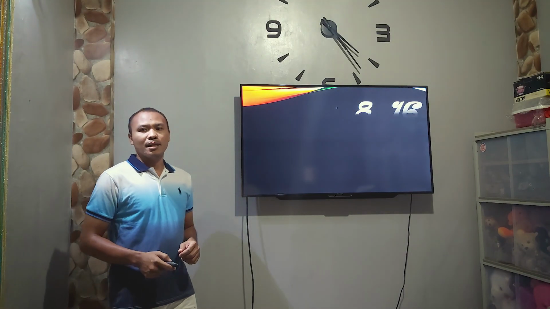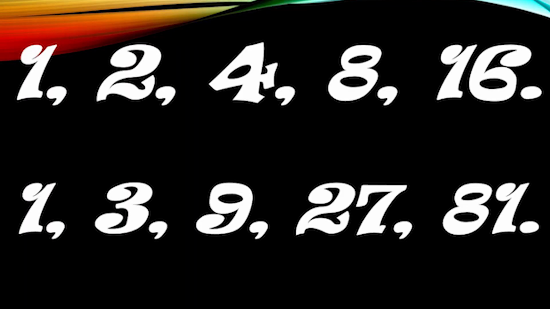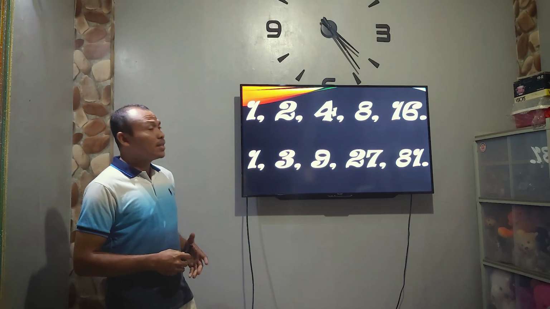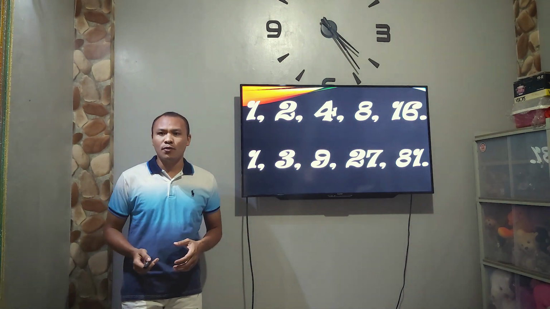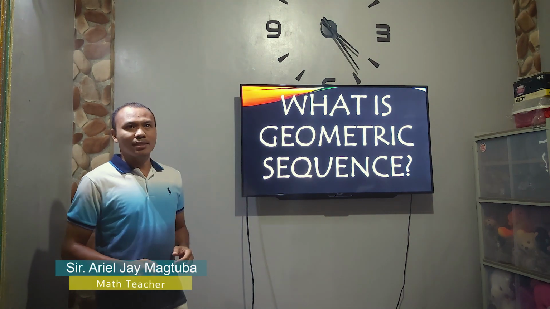Let's have this example. We have 1, 2, 4, 8, and 16. And the next one is 1, 3, 9, 27, and 81. Based from the given examples, how can we define geometric sequence? Or what is a geometric sequence?